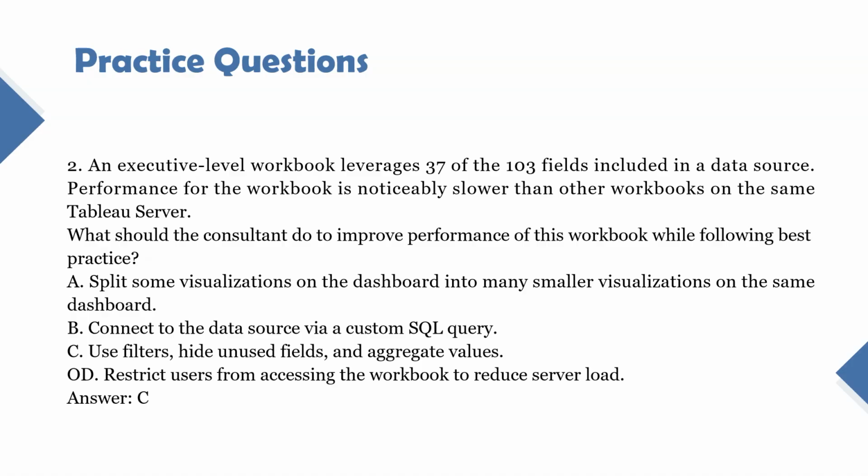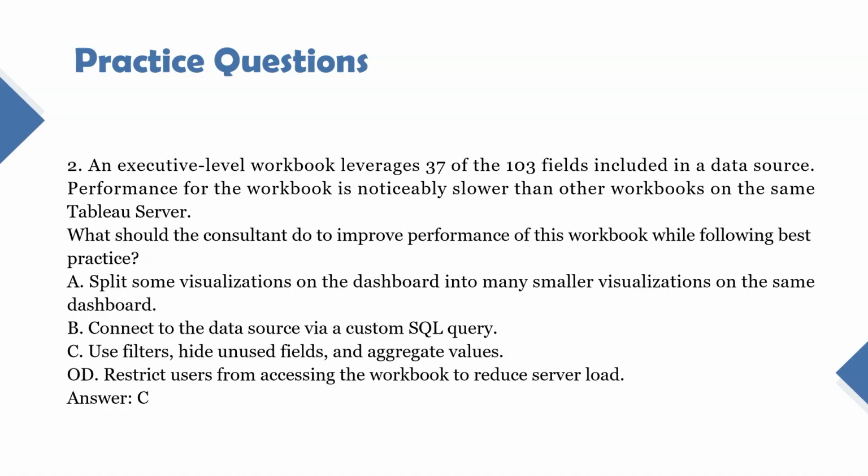2. An executive-level workbook leverages 37 of the 103 fields included in a data source. Performance for the workbook is noticeably slower than other workbooks on the same Tableau server. What should the consultant do to improve performance of this workbook while following best practice?